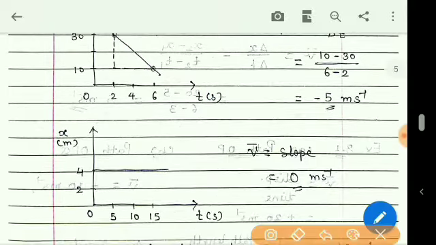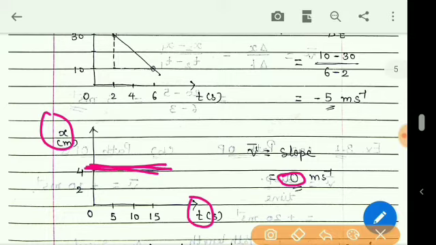And a position time graph with a horizontal line, again it is a straight line, so velocity is constant but 0. So always remember, students, position time graph gives information of velocity, means its slope will give us velocity.